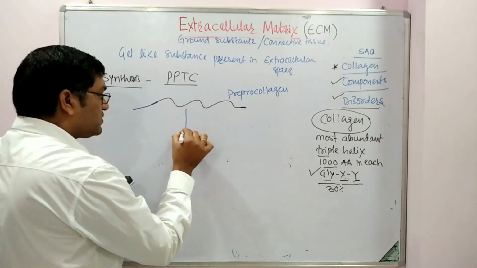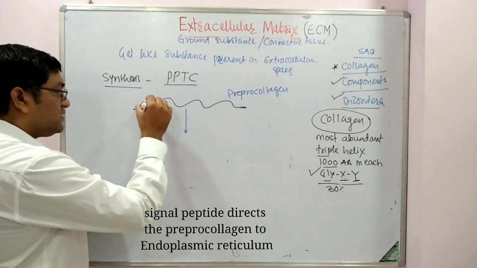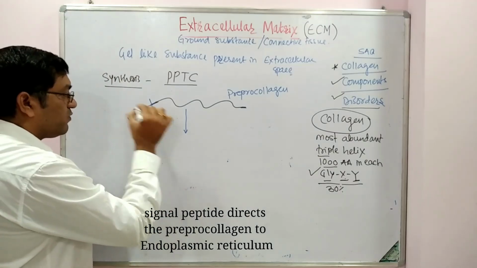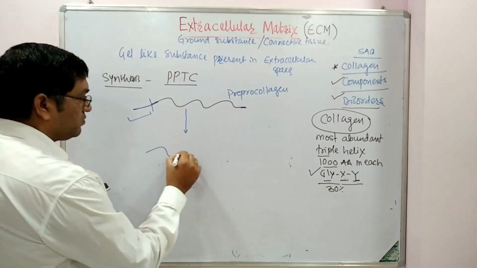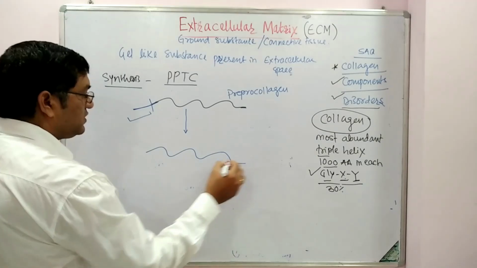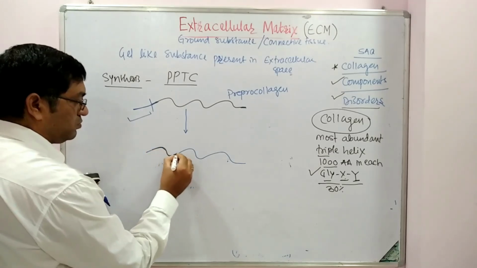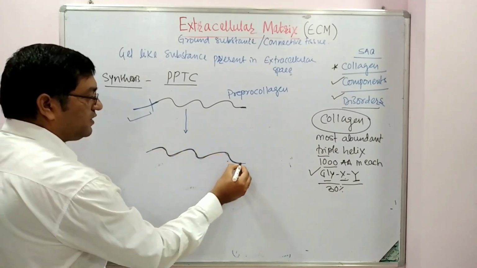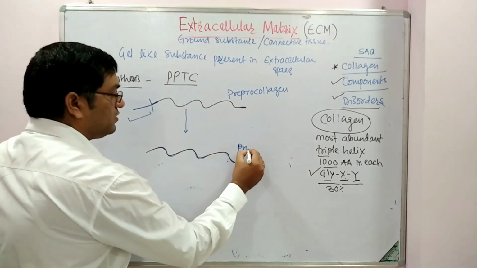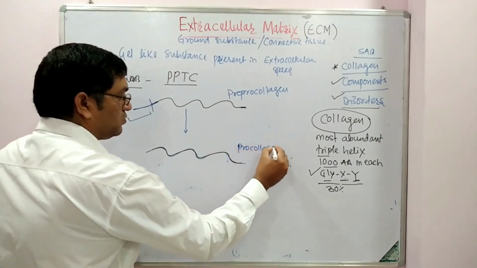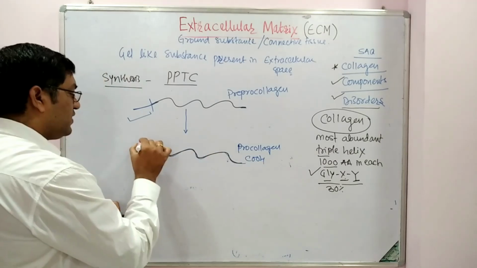With the action of signal peptidase, this signal sequence is cleaved off, resulting in the formation of procollagen, with carboxyl terminal and amino terminal.